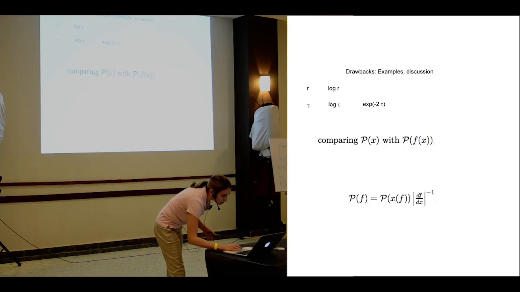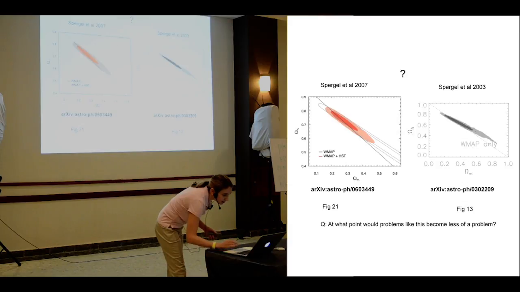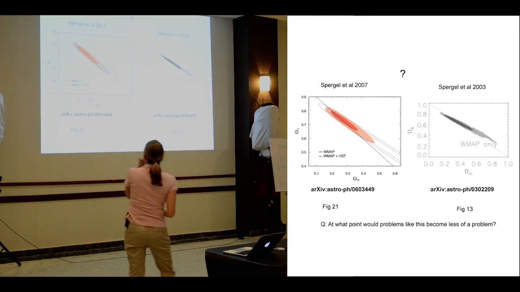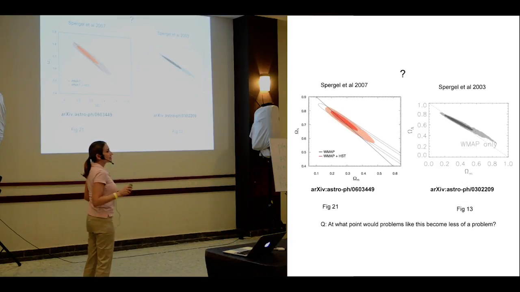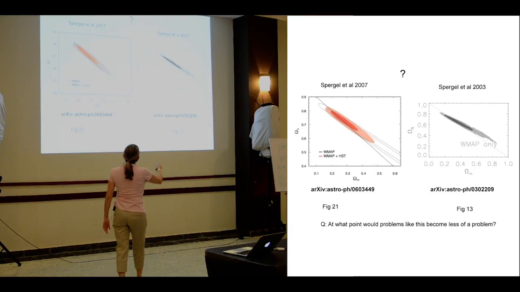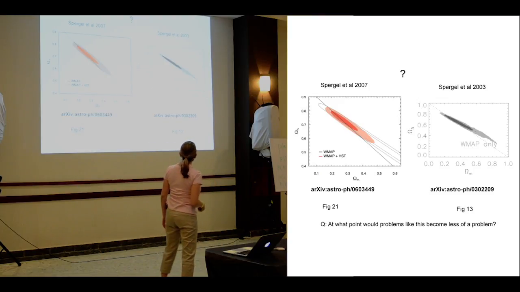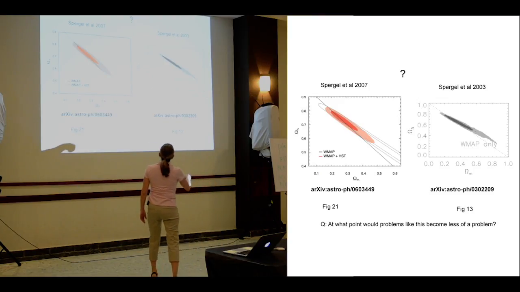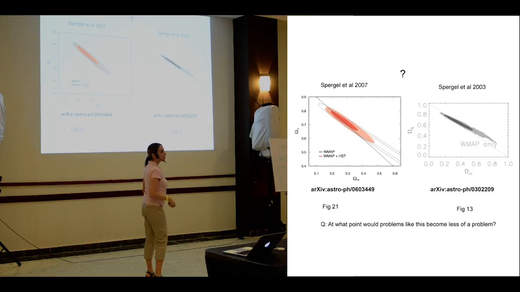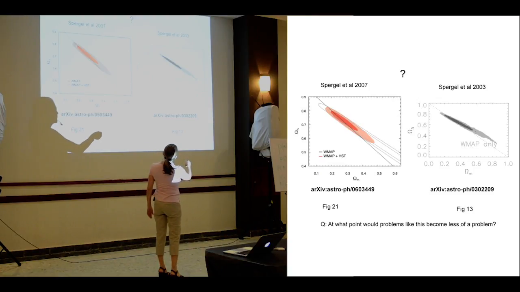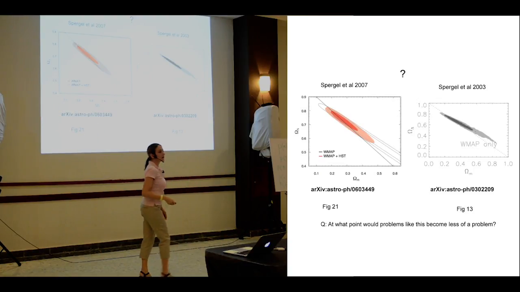The example I want to show you is this. So let's figure out what's going on here. This is from the first year WMAP data, that's back in 2003. I know it's ages ago. This is omega matter versus omega lambda, and this is cosmic microwave background data.